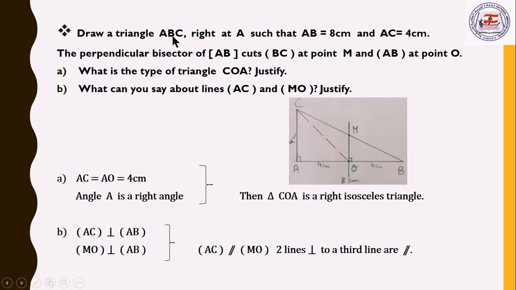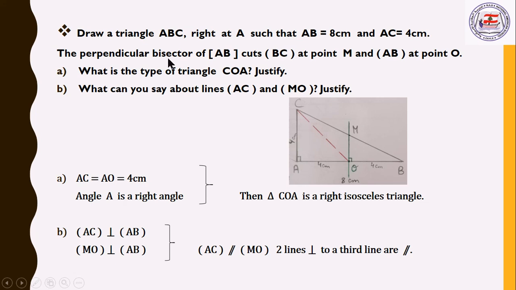Draw a triangle ABC. Here is the triangle ABC, right angle at A, such that AB is equal to 8 centimeters and AC is 4. The perpendicular bisector.